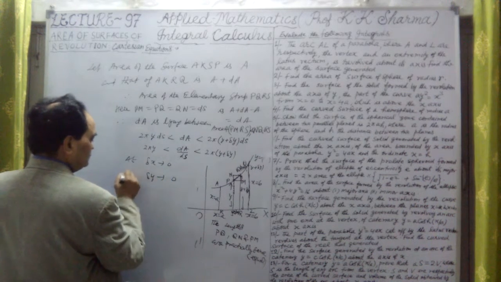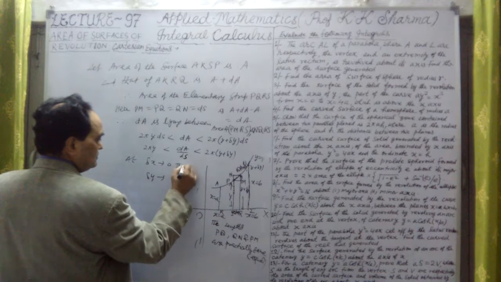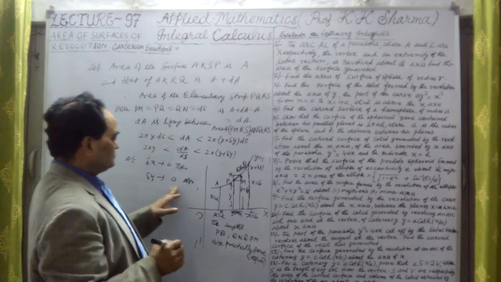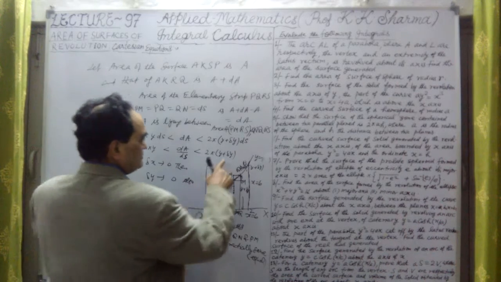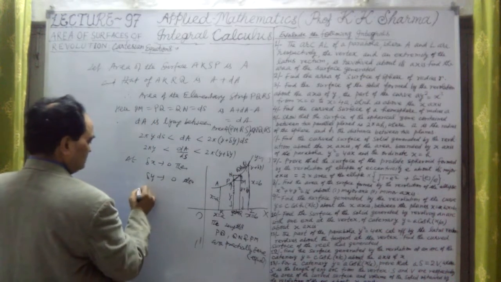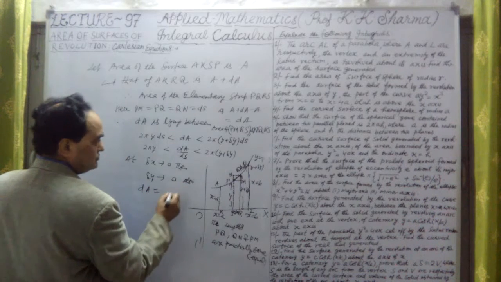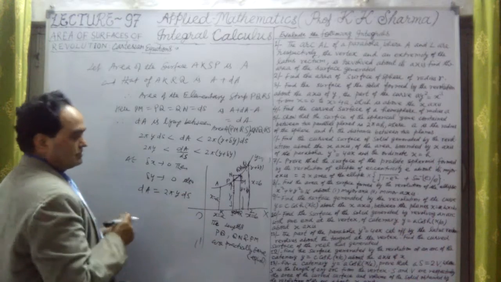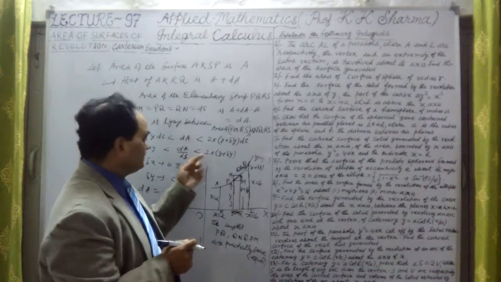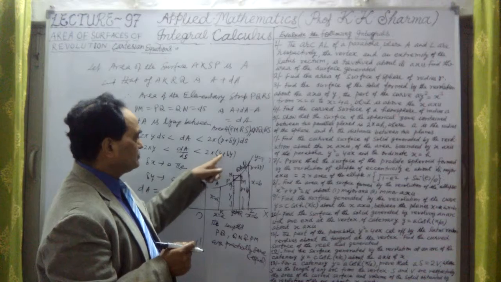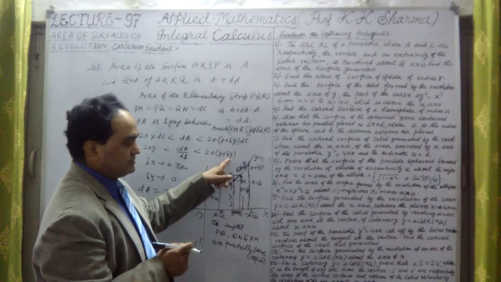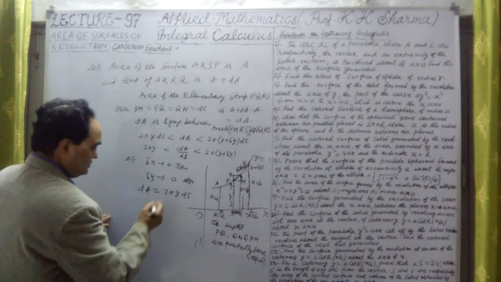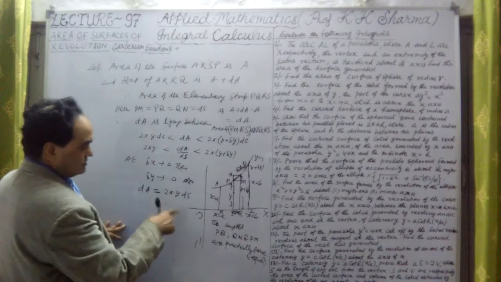In that situation, it means dA is equal to 2 pi y into ds only. So this is lying in between these two. That means this dA is equal to ds into 2 pi y, delta y 0. 2 pi y, this is also 2 pi y, this is lying between this. So dA is this. This is the area of this.